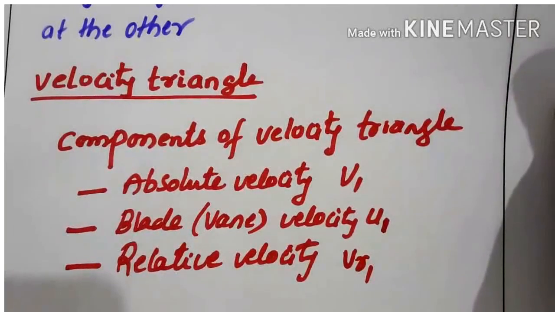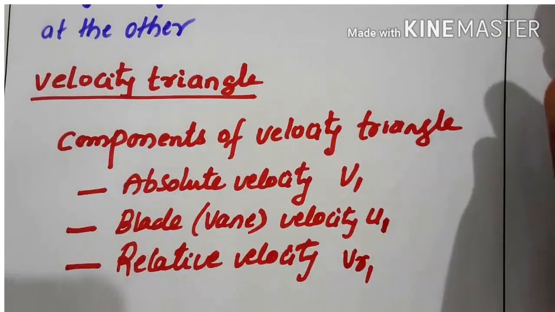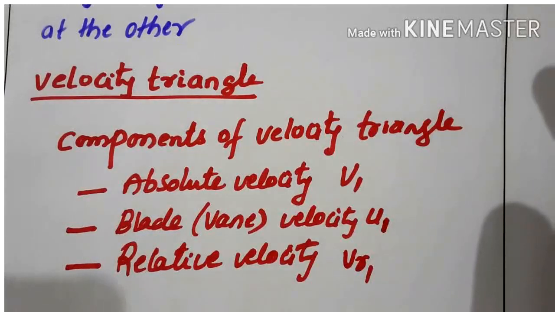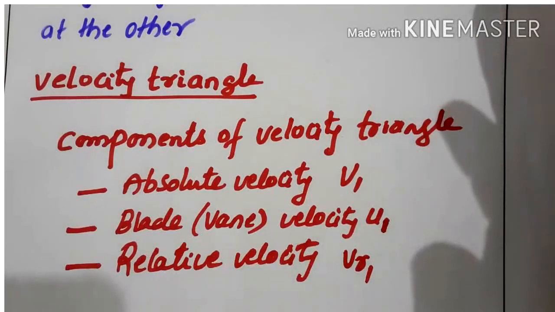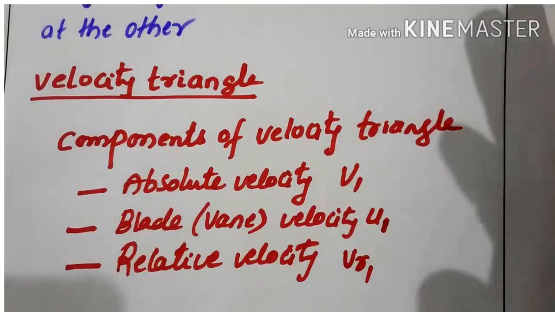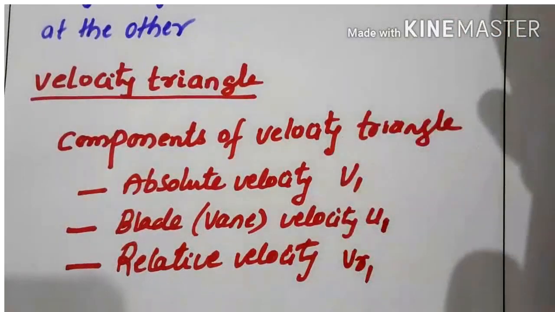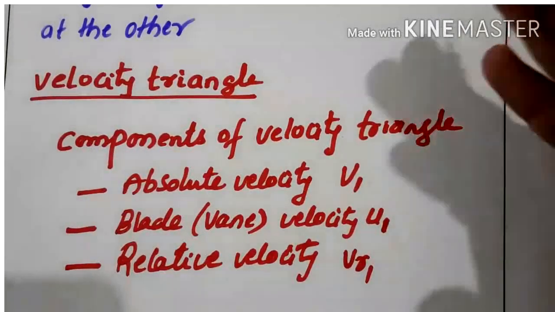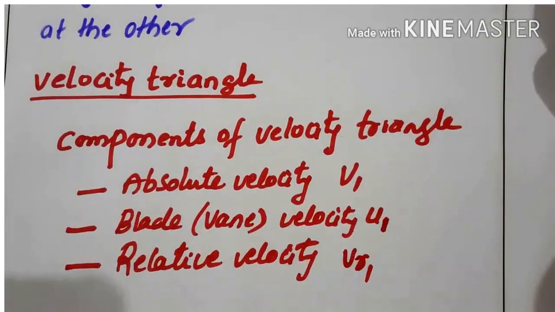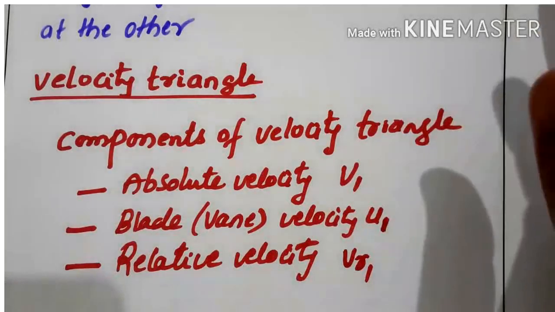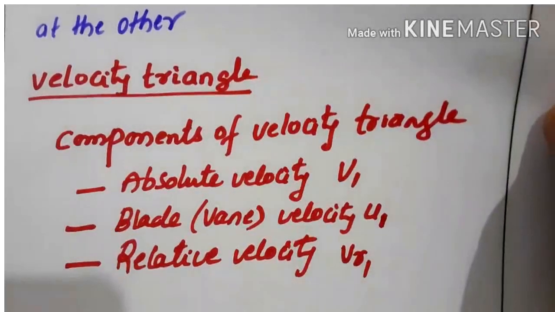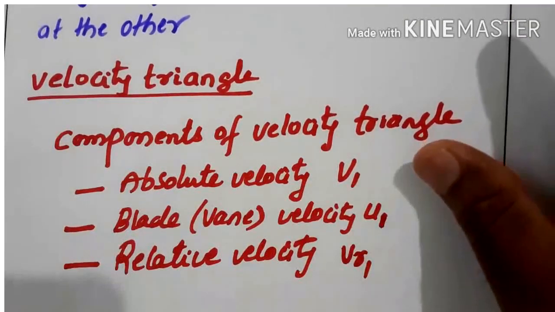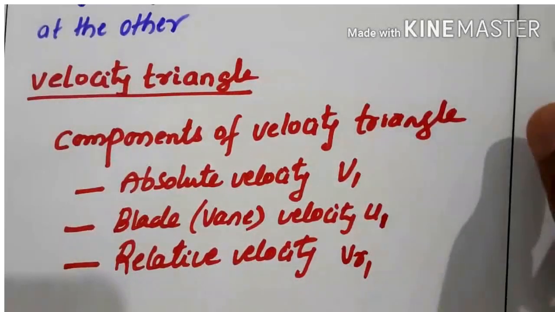A velocity triangle, or velocity diagram, is a triangle representing the various velocity components of the working fluid in a turbo machine. It may be drawn for both the inlet and outlet sections, and the vector nature of velocity is utilized in this concept.